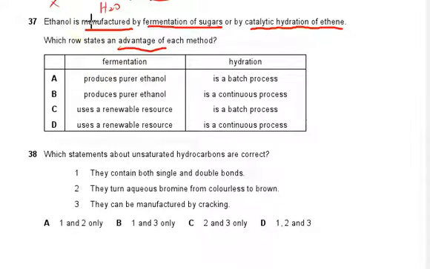Hydration is faster, but it's not here. Hydration will produce much purer alcohol. And hydration is a continuous process, like fermentation is a batch process. So your best answer here will be D.